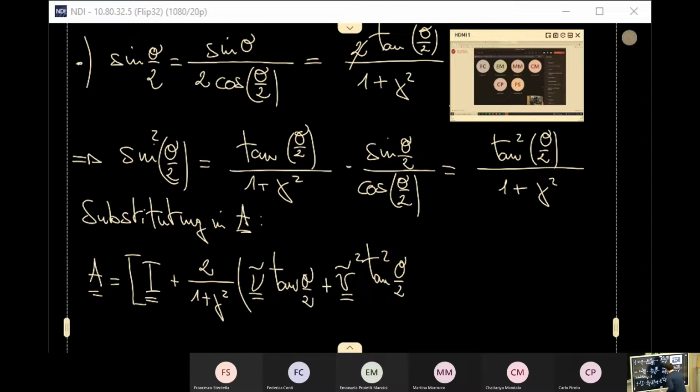Okay. I just substituted the sine and the sine squared of theta divided by 2 in our definition of A. That's all I did.